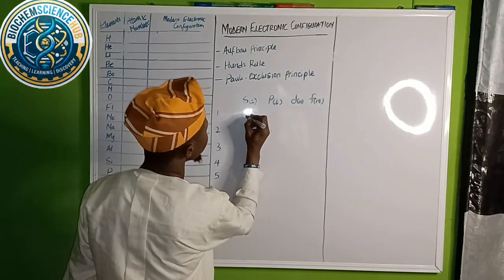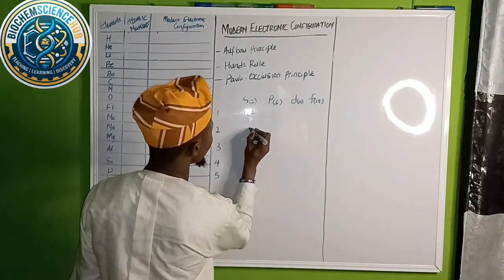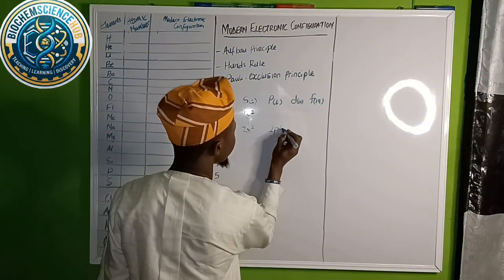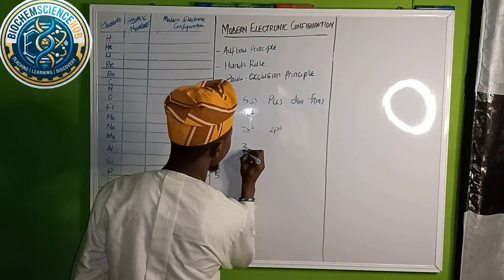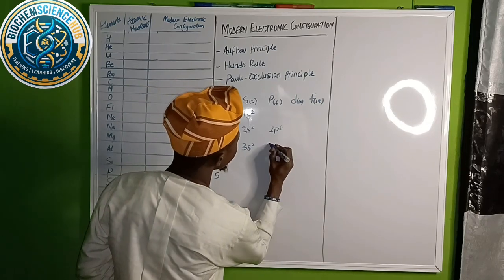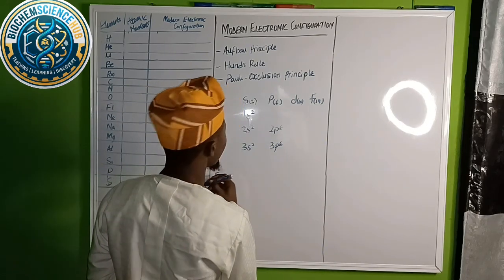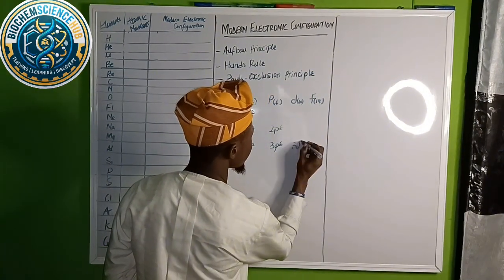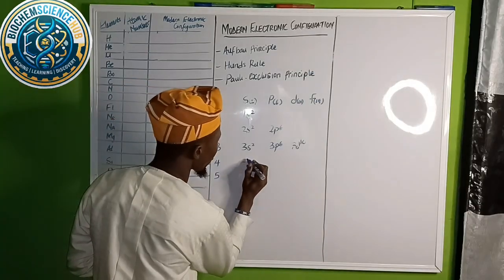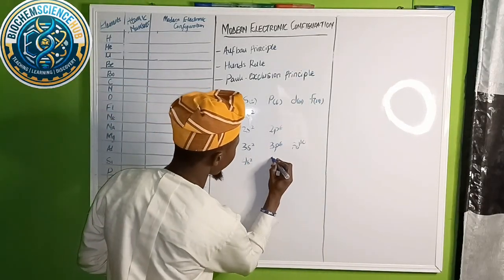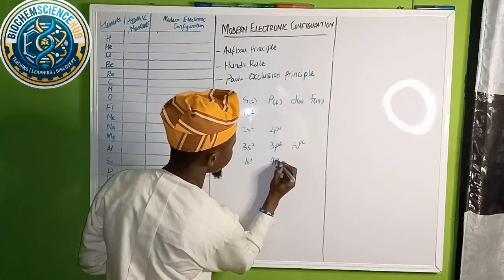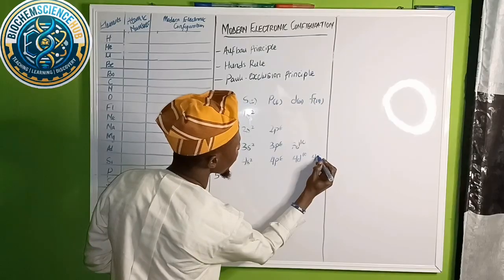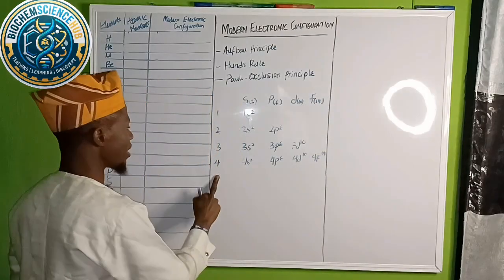We have 1s2, 2s2, 2p6, 3s2, 3p6, 3d10, 4s2, 4p6, 4d10, and 4f14. Let's stop there for now.